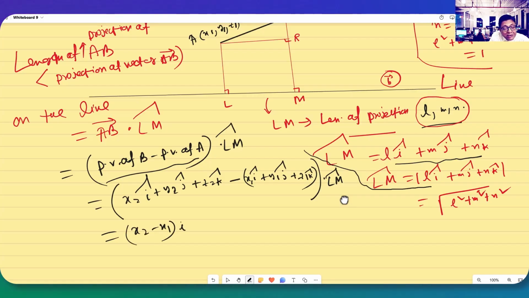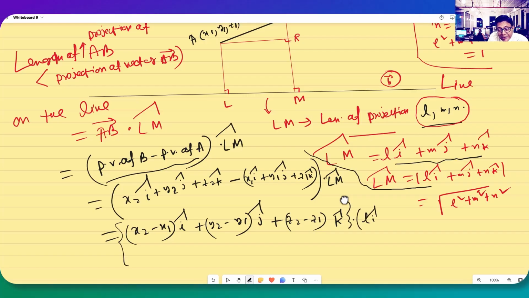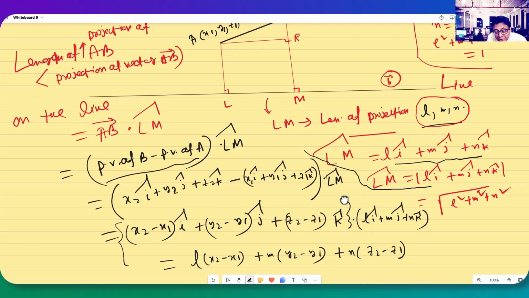x2 minus x1 i cap, y2 minus y1 j cap, z2 minus z1 k cap, and dot product with Li, Mj, Nk, which is nothing but L into x2 minus x1, M into y2 minus y1, N into z2 minus z1.